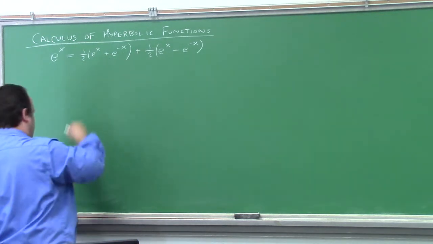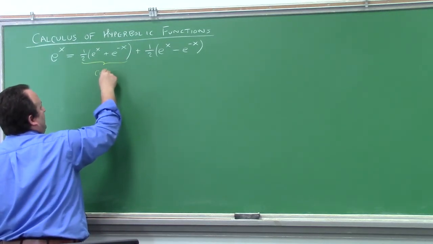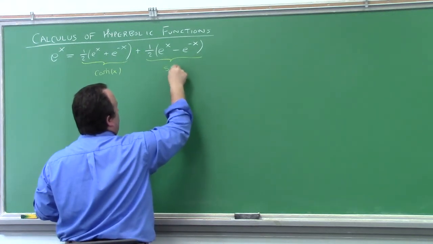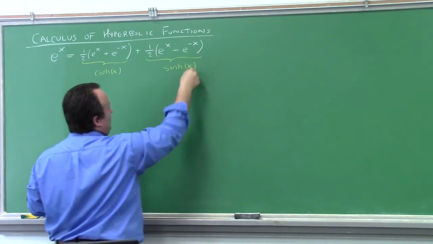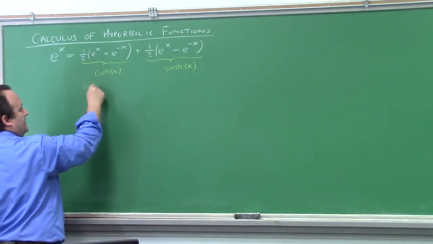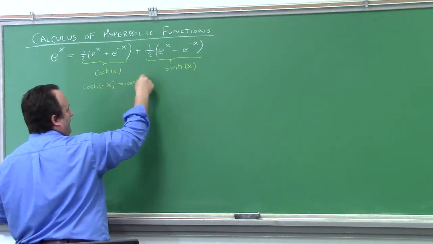But this first function is hyperbolic cosine, and the second function is hyperbolic sine, right? And fundamental properties: cosh is even, sinh is odd.